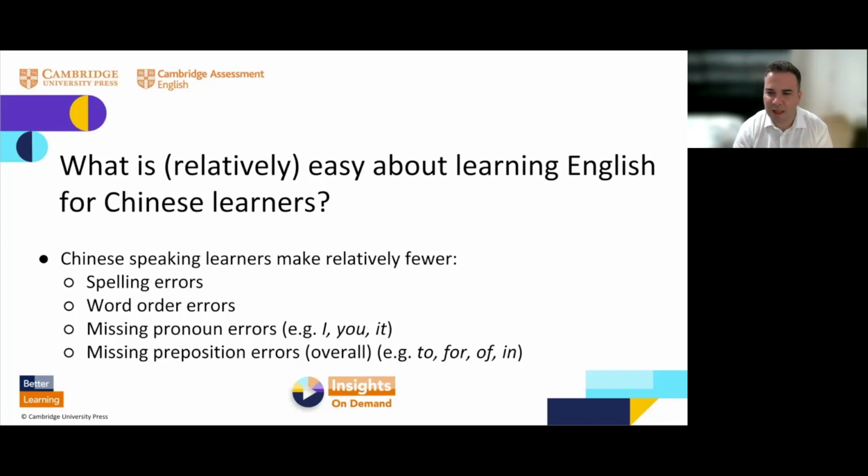Chinese is similar to English in that it also doesn't have grammatical gender or noun cases, or complicated verb-subject agreements. Finally, comparing Chinese learners with those in the world as a whole, Chinese learners make fewer errors in categories of spelling, word order, missing pronouns, and missing prepositions.